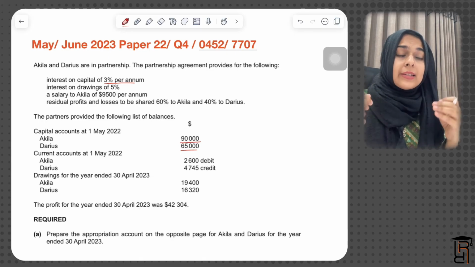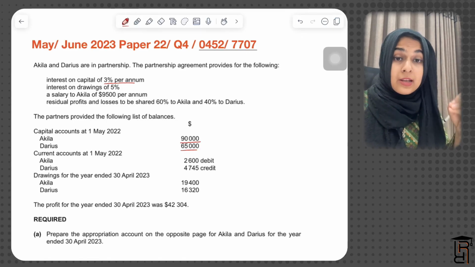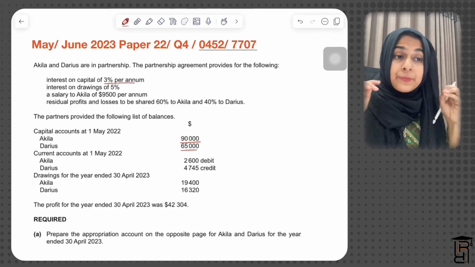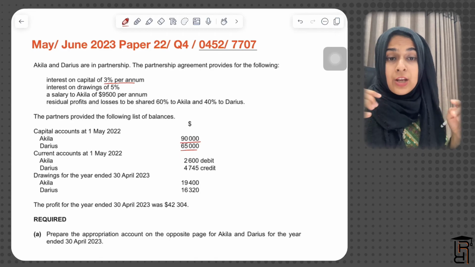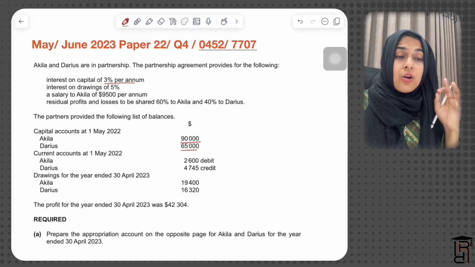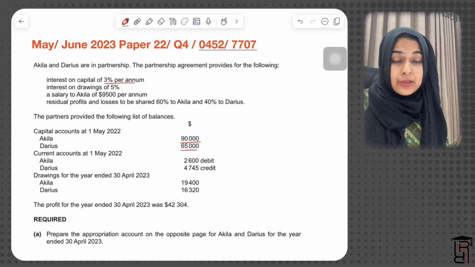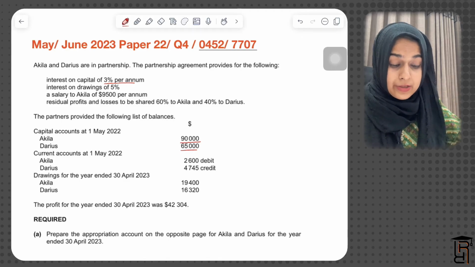But other than that, any profit given to partners, interest on capital, salary given to partners, drawings that the partners take out from the business, and interest on drawings charged to the partners because of their drawings, is written in their current account, not in their capital account. So the capital account stays fixed. All the other changes, like the profit that the partners are receiving, are put into the current account of the partner.